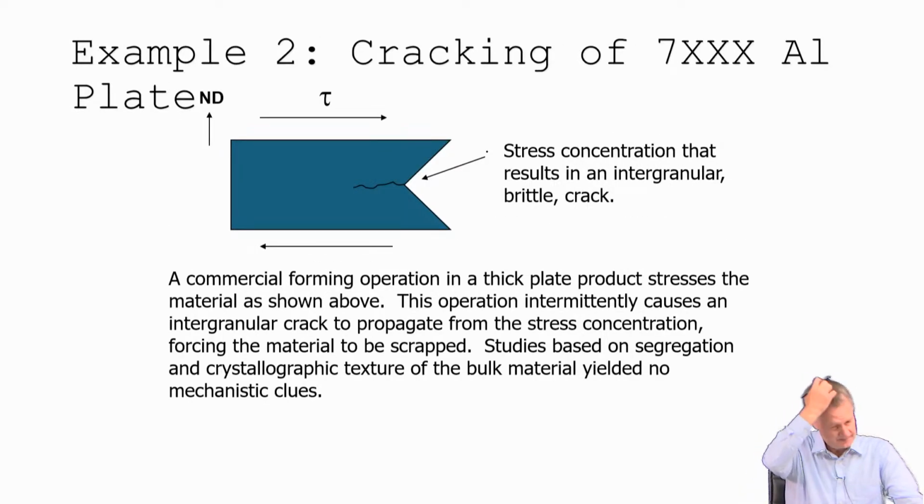All right, this is something in aluminum plate. It's called the hole expansion operation. Maybe if you've worked in aerospace or are familiar with how they do wing spars, you have a thick plate of 7000 series aluminum. You get a hole drilled in it, and then they worry about fatigue around that hole.